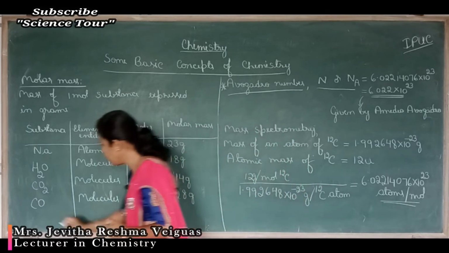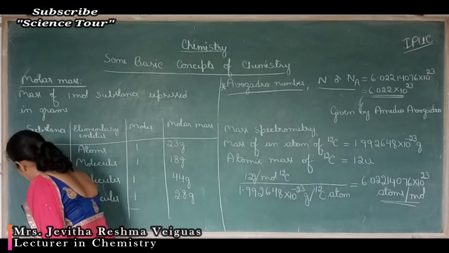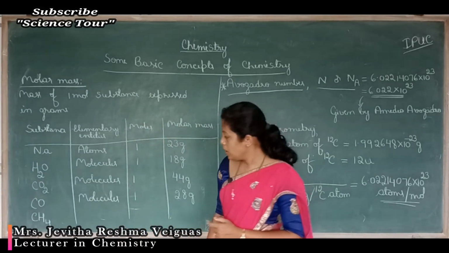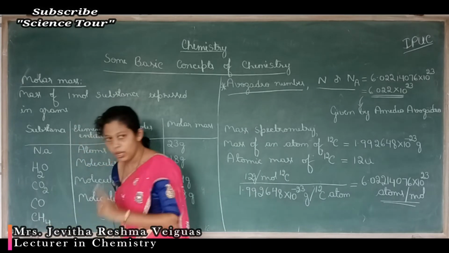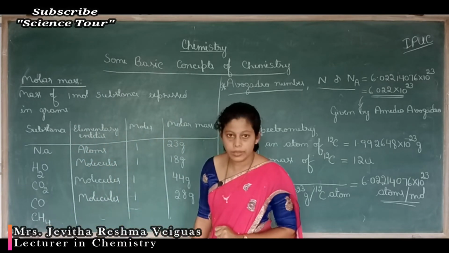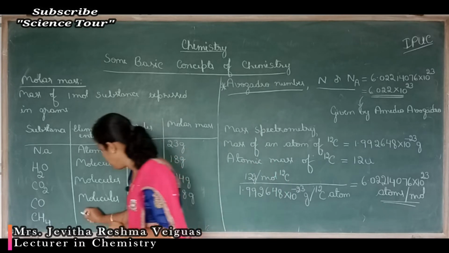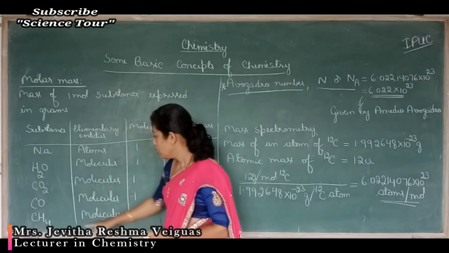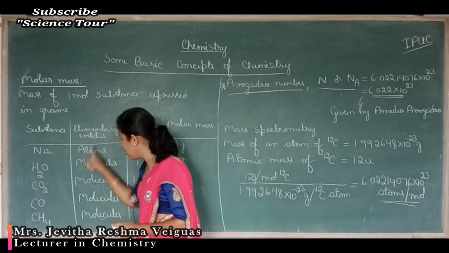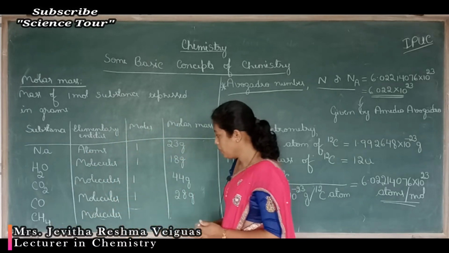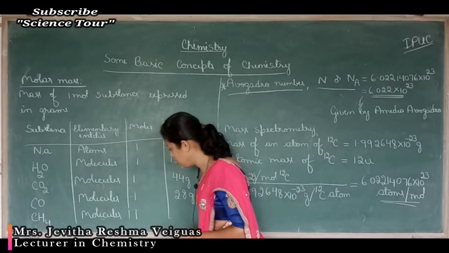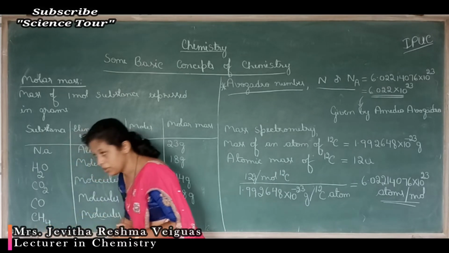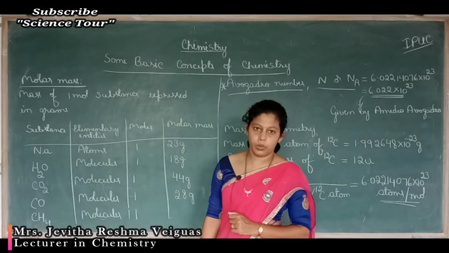Let's have one more example. Let's take CH4. CH4 is methane. Here, the atoms combined are 1 carbon atom and 4 hydrogen atoms. So it is a molecule because atoms of different elements are combined. So the elementary entities here are molecules. If I consider 1 mole of methane, its mass is the atomic mass of carbon plus 4 into the atomic mass of hydrogen.